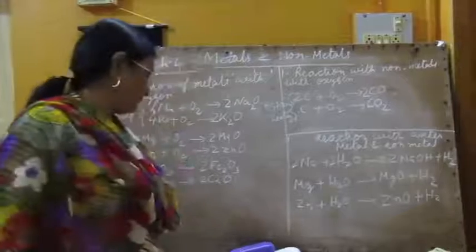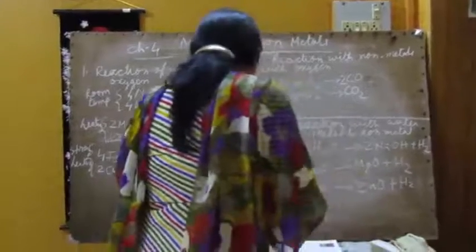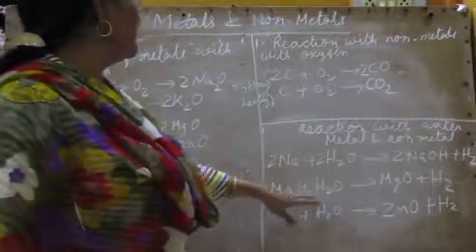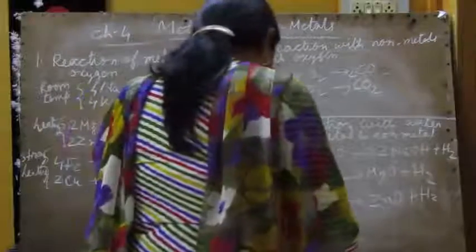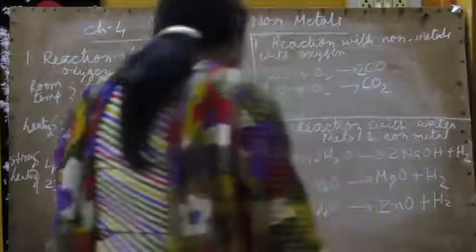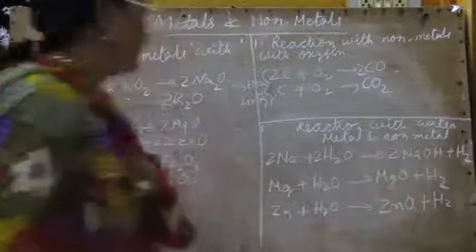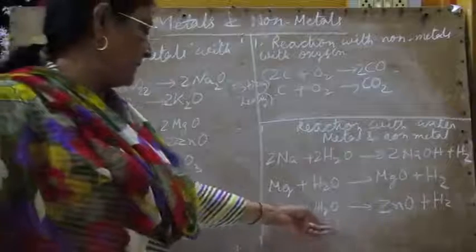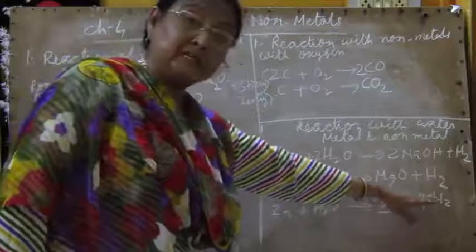Next, magnesium and water. When magnesium reacts with water, it produces magnesium oxide and hydrogen. Similarly, zinc with water produces zinc oxide and hydrogen.